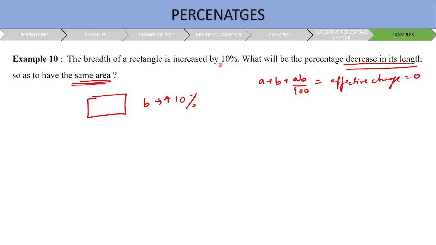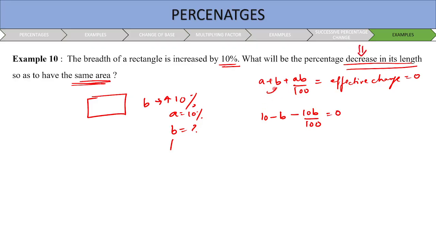And if I consider my A as 10% and I have to find B, which is a decrease, hence B will get subtracted. So 10 minus B minus 10B by 100 equals 0. Correct? They are telling a percentage decrease in length.